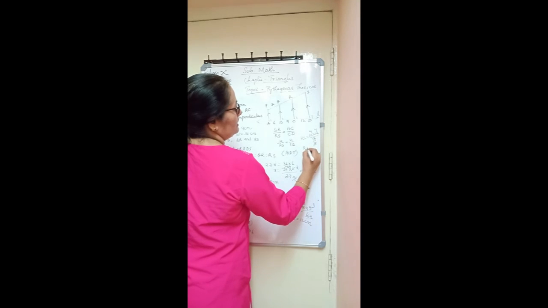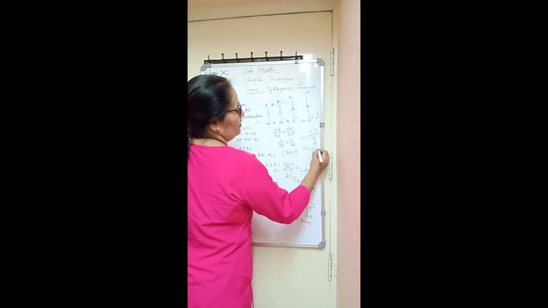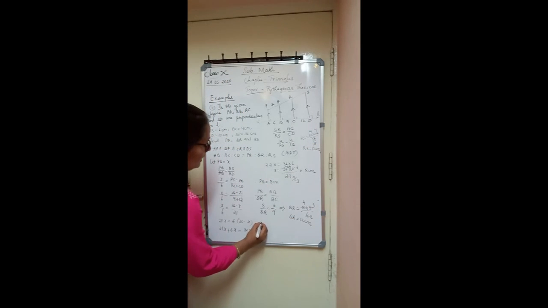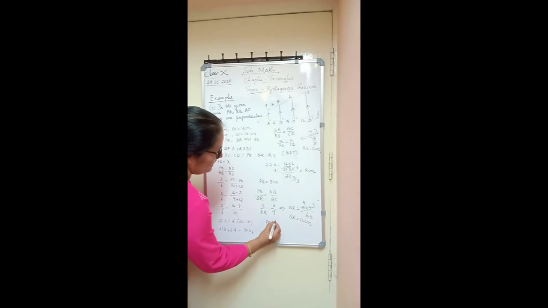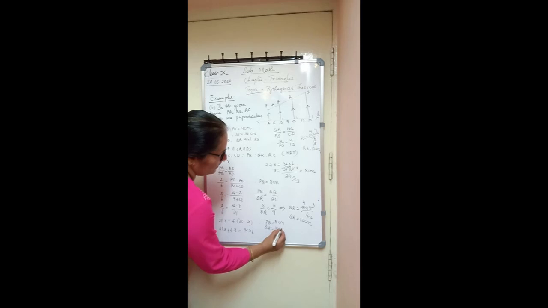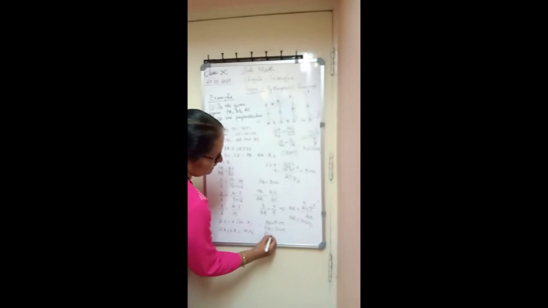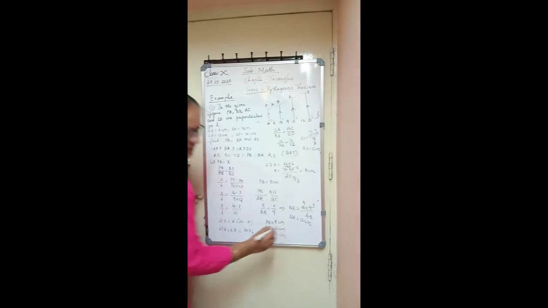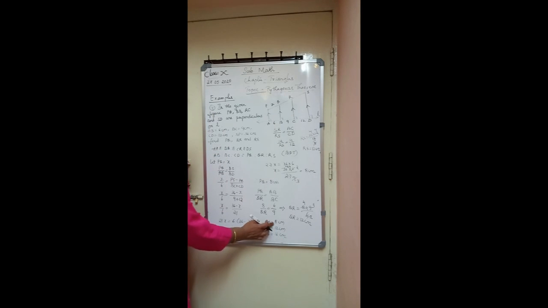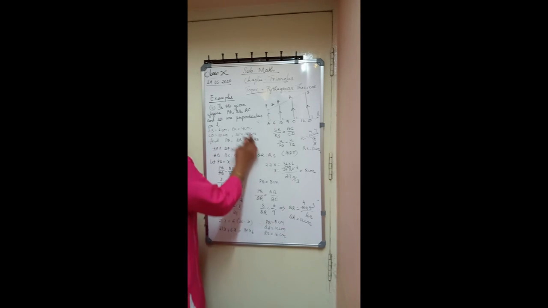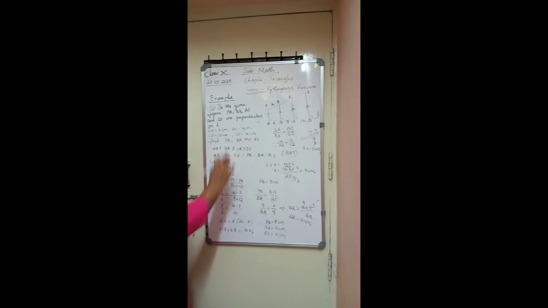So RS equals 16 centimeter. So therefore PQ is 8 centimeter, QR is 12 centimeter, and RS is 16 centimeter. You can cross check these answers here. 12 plus 8, 20, 20 plus 16, 36. SP is 36.